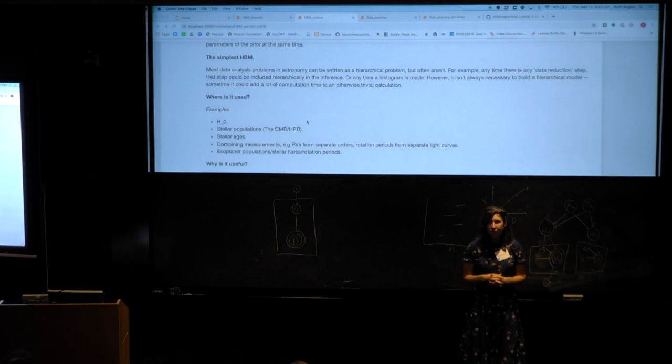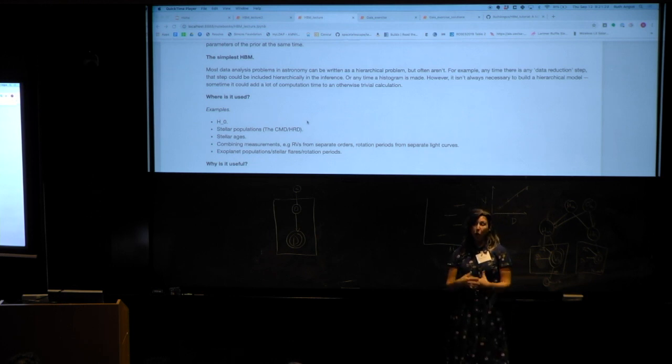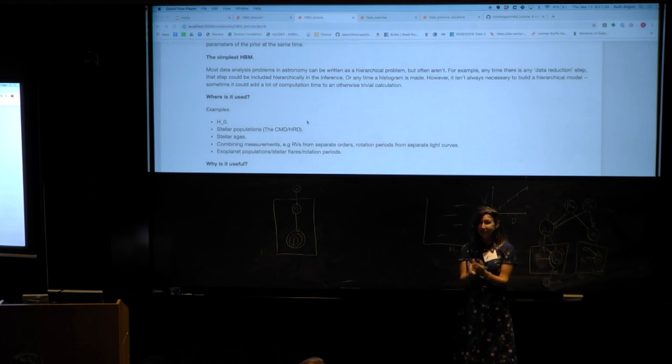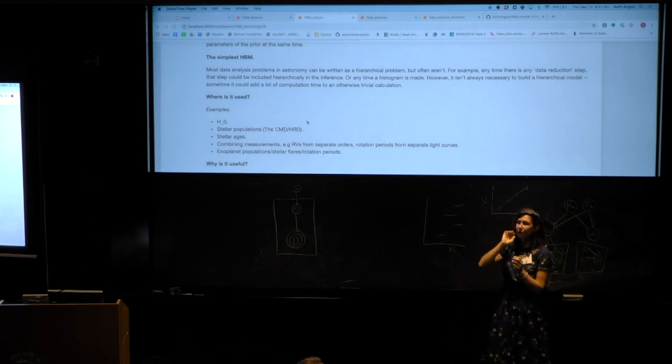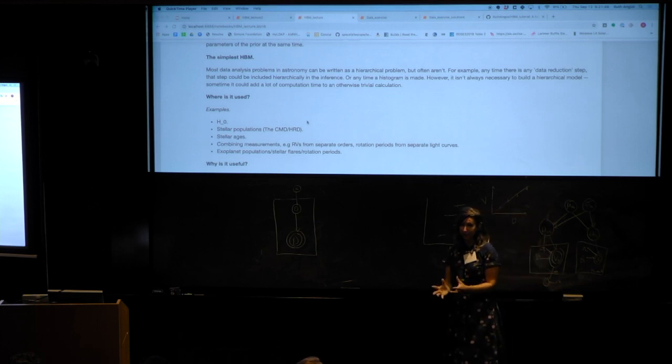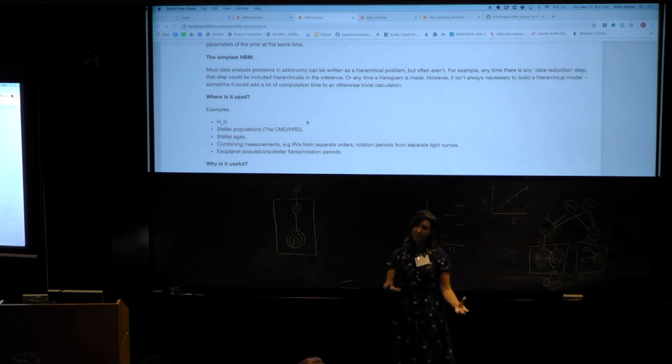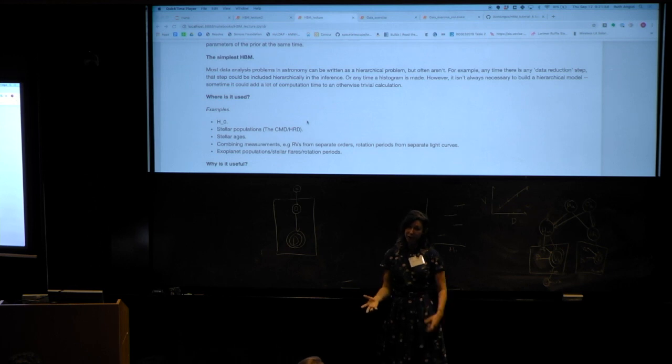The other thing that might happen is that your model might be wrong. Take the example I gave for stellar ages, something I'm working on right now with Rocio Kieman, who's been around this week, which is a hierarchical problem. Stellar ages are really difficult to measure, so if you combine different observables, you can constrain age much better.